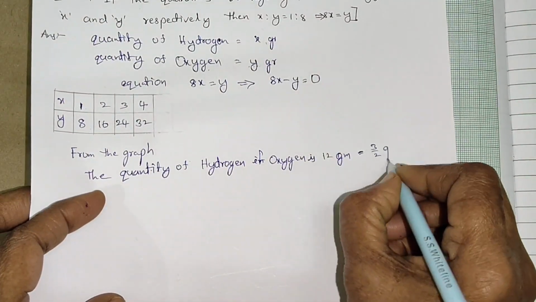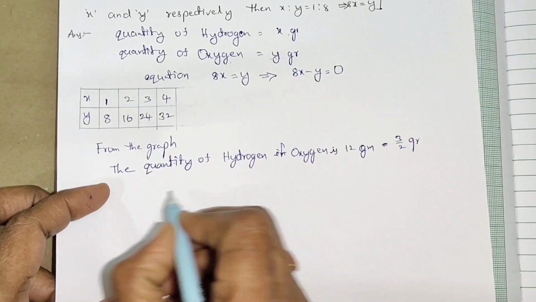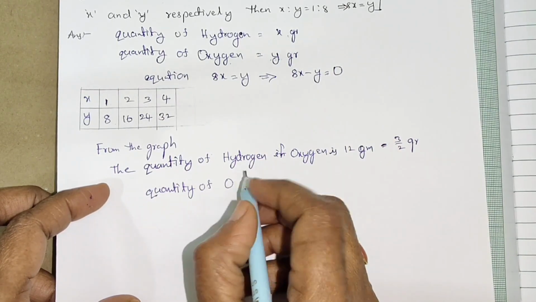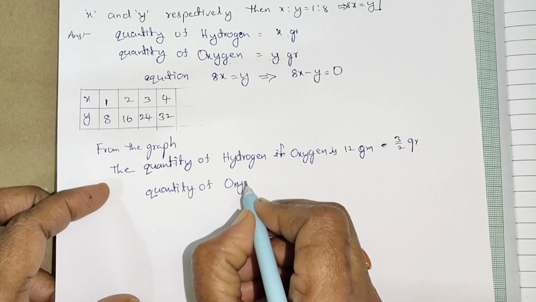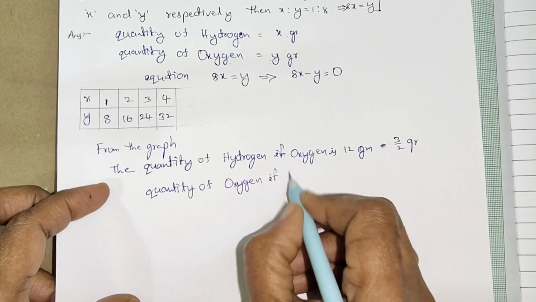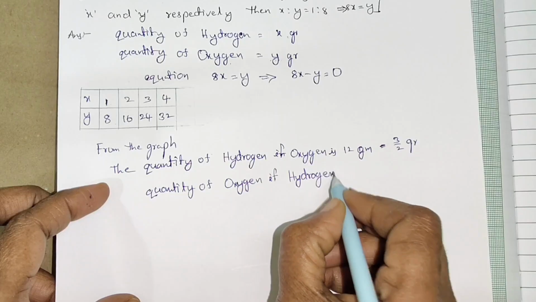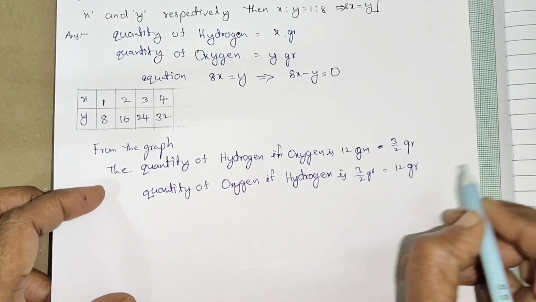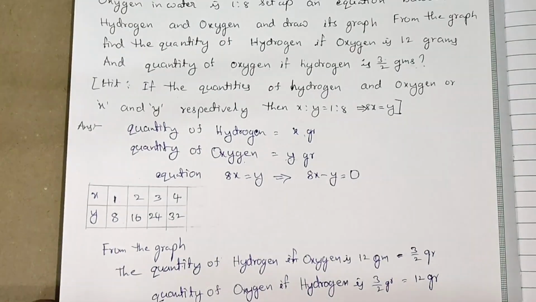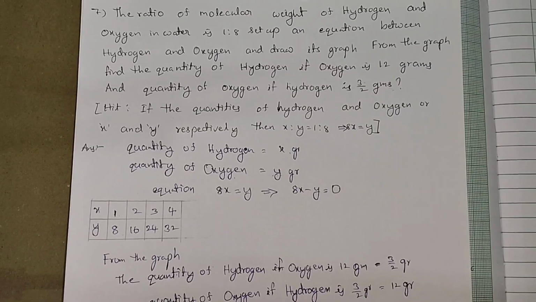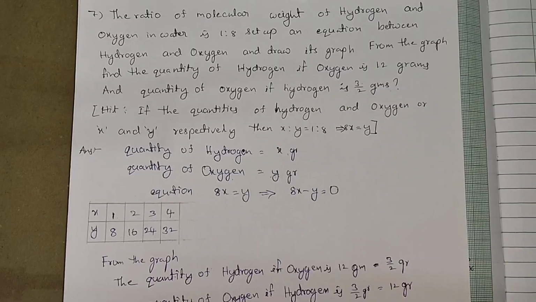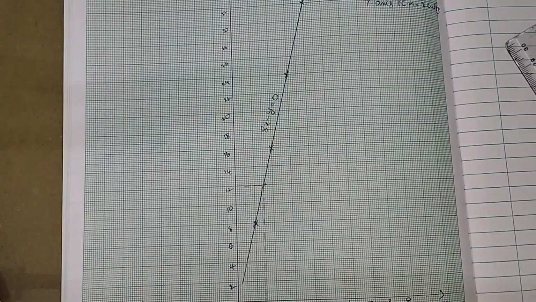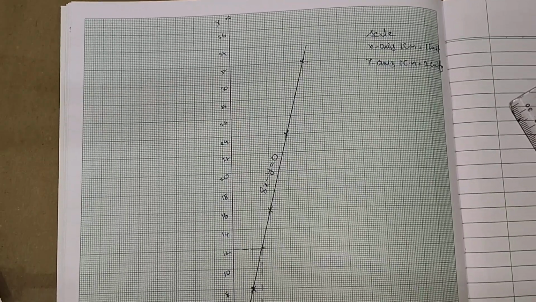Next, the quantity of oxygen if hydrogen is 3 by 2 grams is equal to 12 grams. So this is the complete 7th one answer. This one is the 7th one graph, with scale and graph.